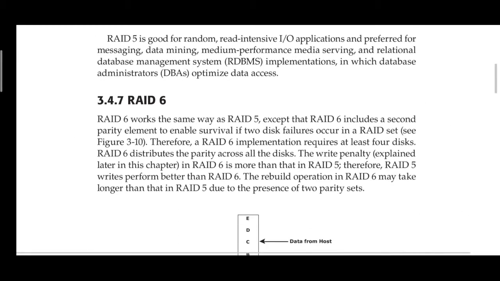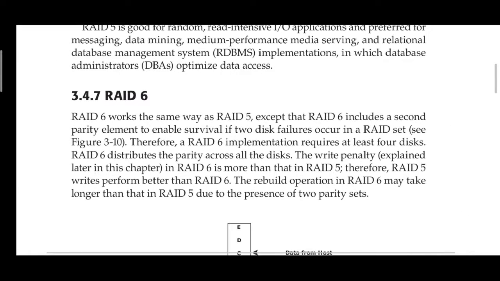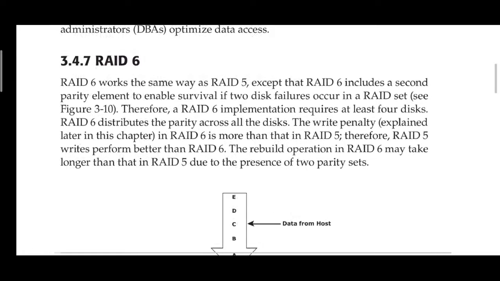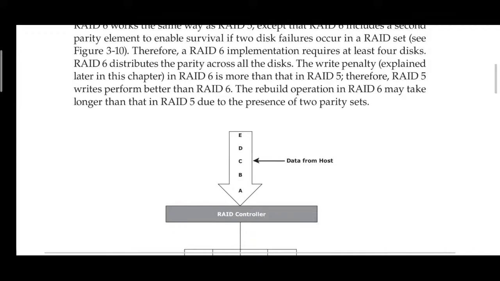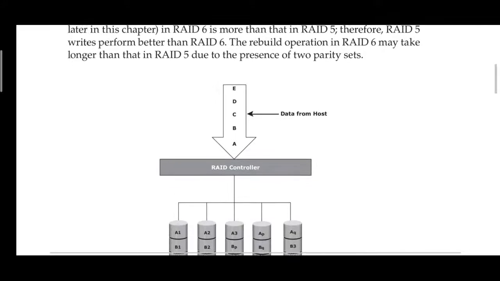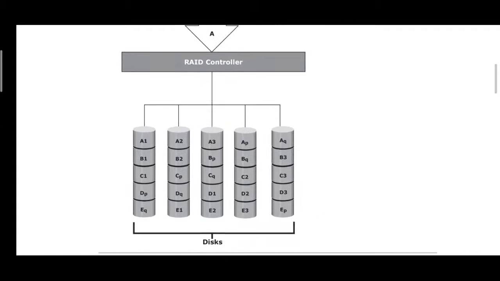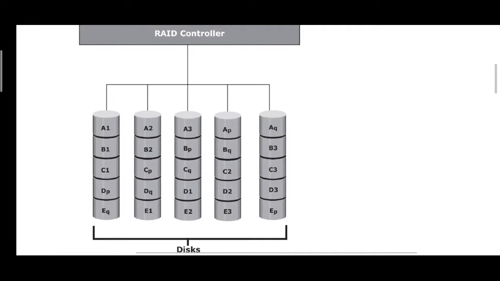Then we have RAID 6. So RAID 6 implements dual parity. Please remember, this implements dual parity where data from the host A, B, C, D, E are the different data from the host which pass through the RAID controller. And dual parity is what? It is the continuation of RAID 5.